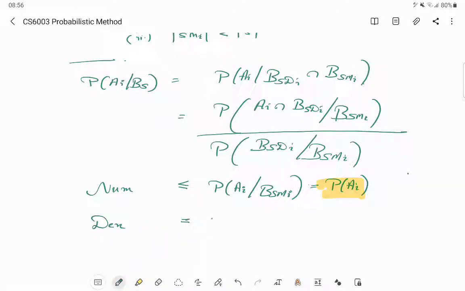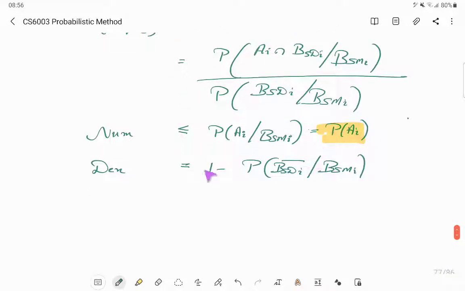And this denominator, we will first write it as P of, this is complement under the conditional world, right? So I can write it as 1 minus this, and we will upper bound this quantity here. Our aim is to lower bound the denominator. We will upper bound this, right?